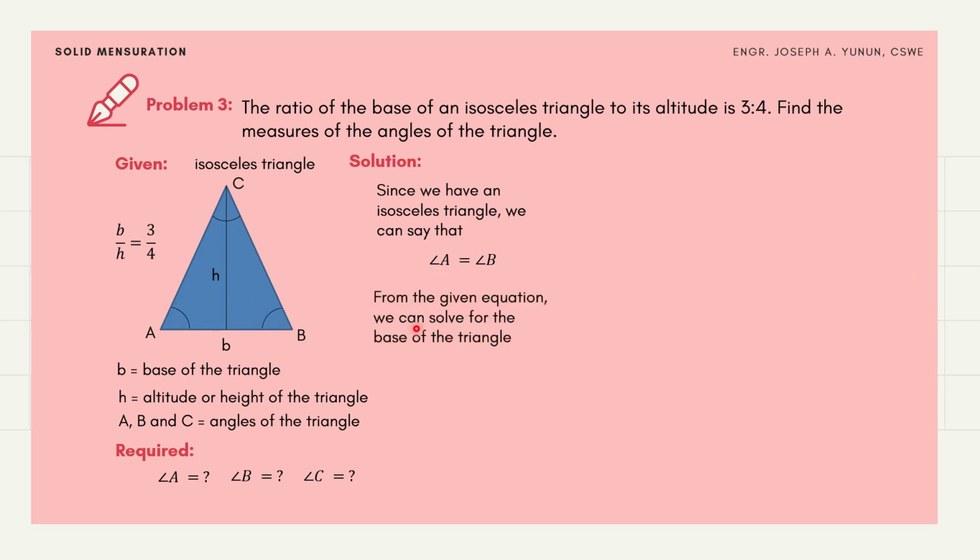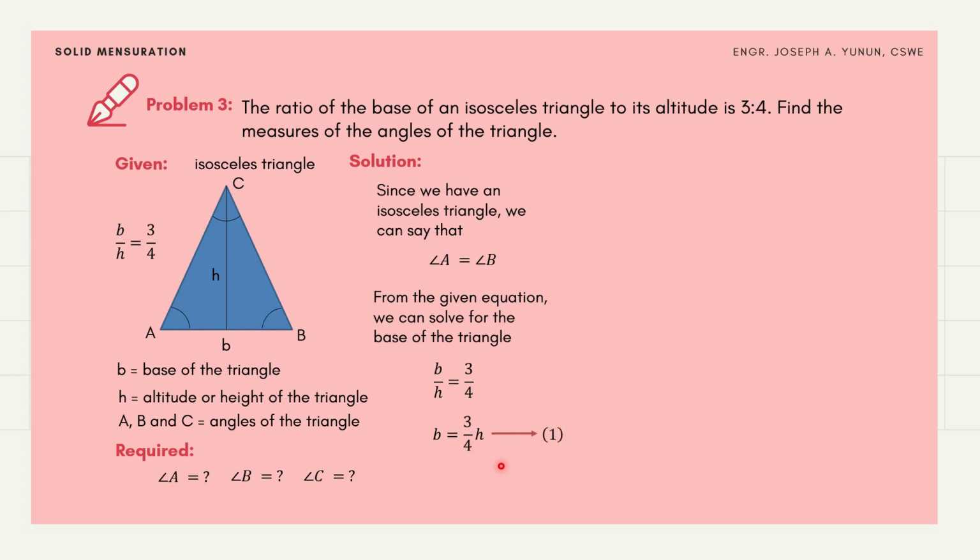Then from the given equation, we can solve for the base of the triangle. The equation I'm referring to is the ratio of the base and the height. Solving for the base by multiplying both sides by height or altitude h, you'll arrive at this equation. Let us denote this as equation 1.